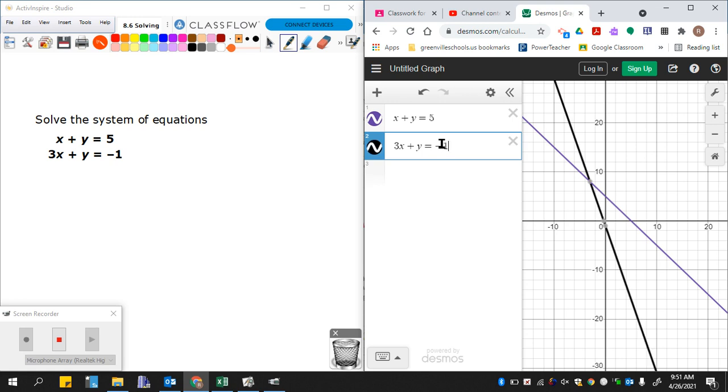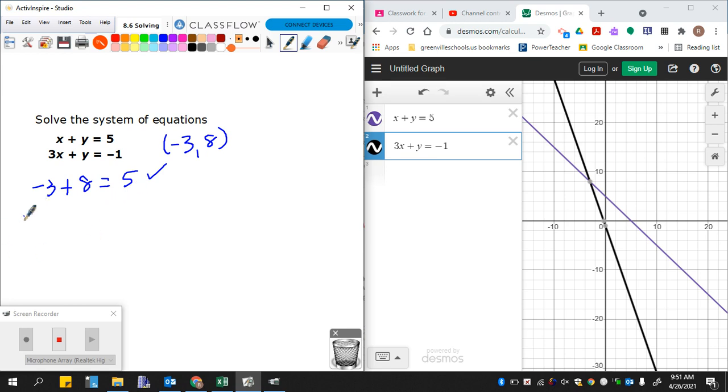And we can see here that that crosses right here at (-3, 8). Plug it in. Negative 3 plus 8 is equal to 5.